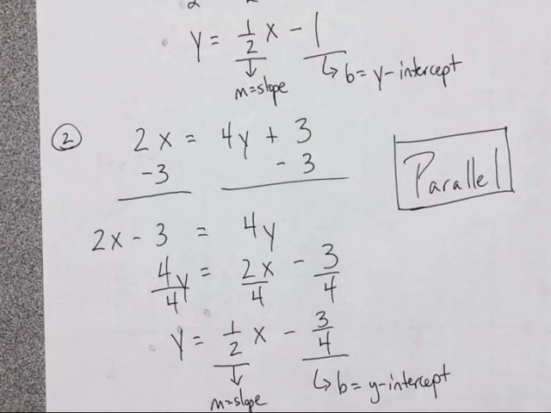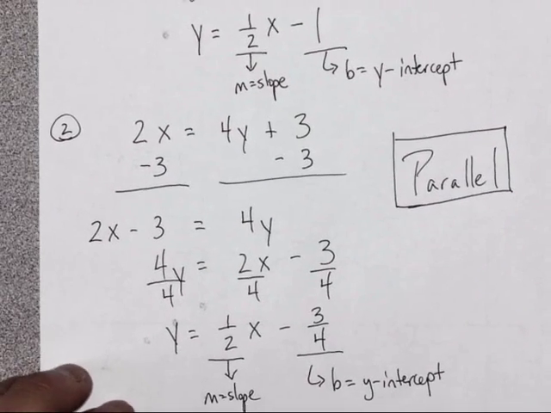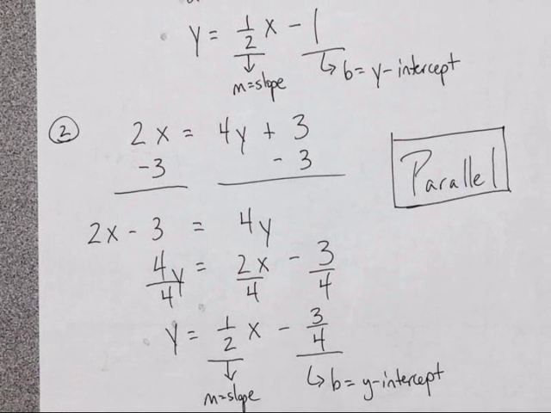So that meets the criteria, right? Both have the same slope, they have different y-intercepts, so that would tell us that these two lines would be parallel. So by putting those two equations into slope-intercept form, we can easily determine whether lines are parallel because we're able to identify their slopes.